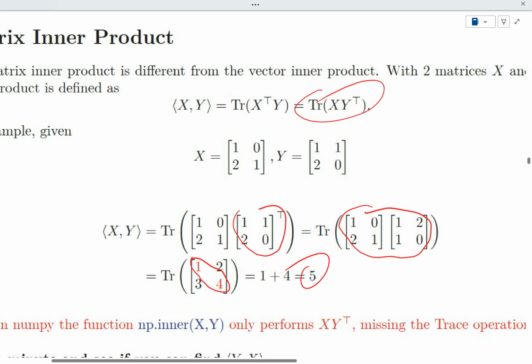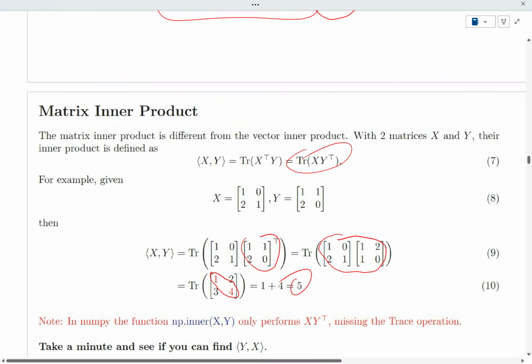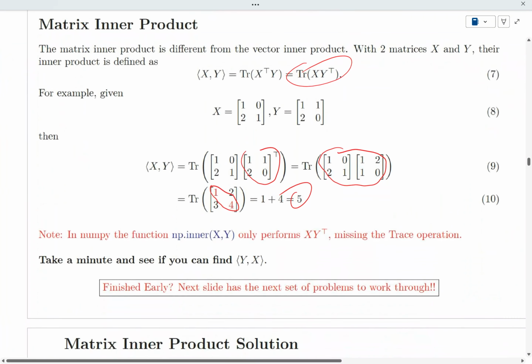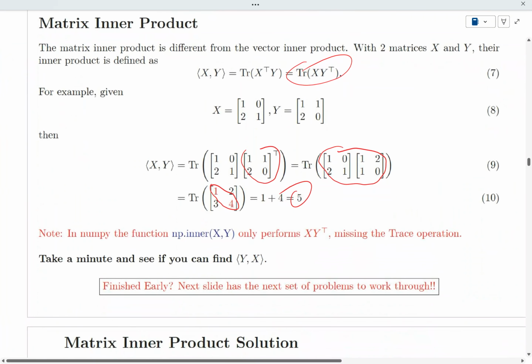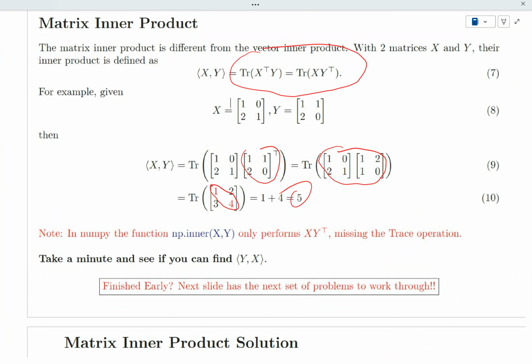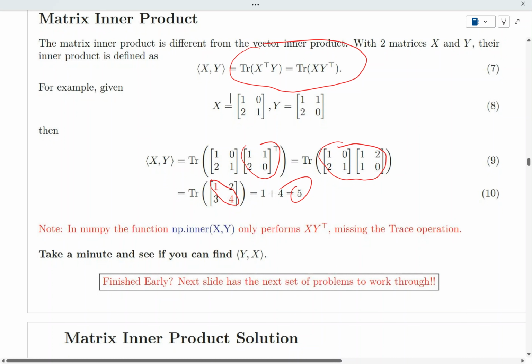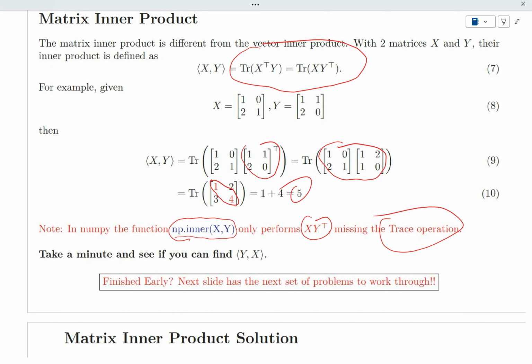So when we talk about trace operation, it's a particular operation, and later on you'll see why we'll use it. It's mostly based on this equation. So you need to understand what a trace is, as well as what an inner product is. Now, in NumPy, when you do the inner product, you only perform this part and it doesn't perform the trace.